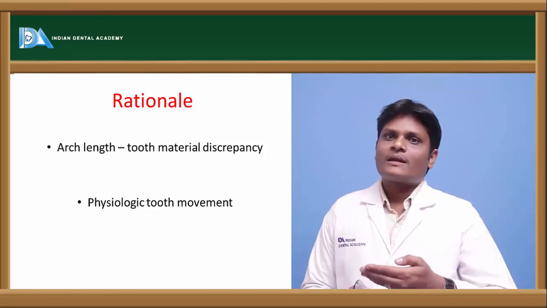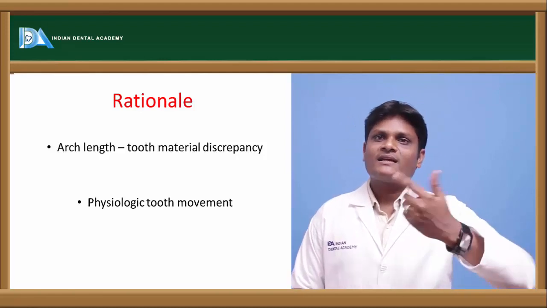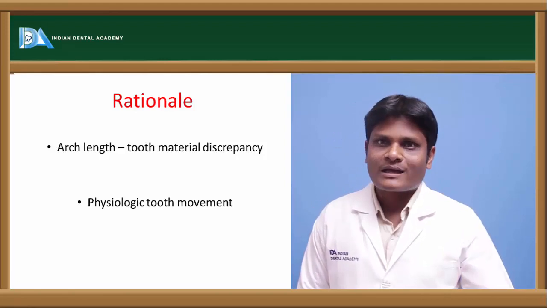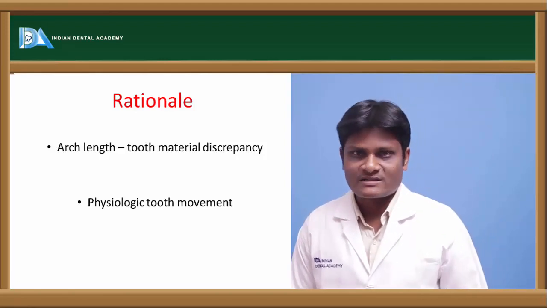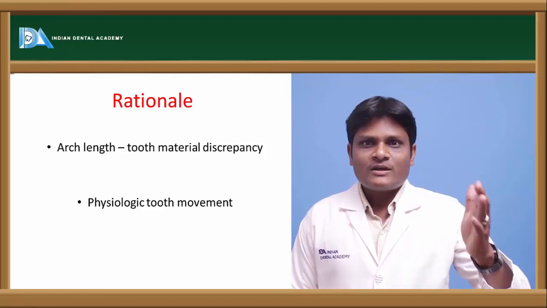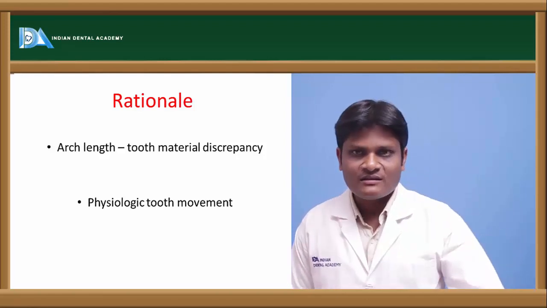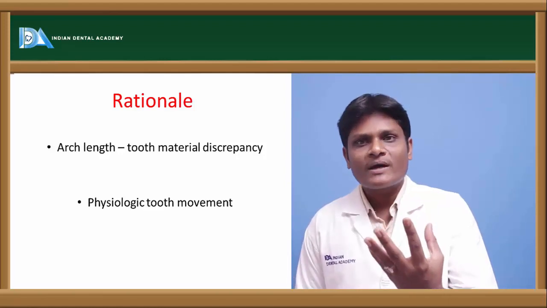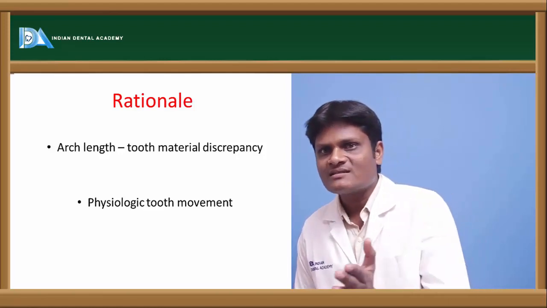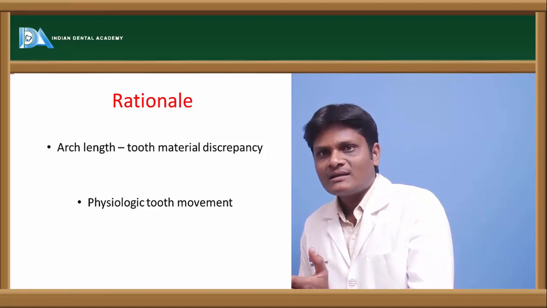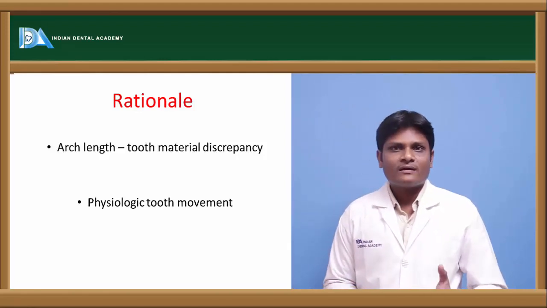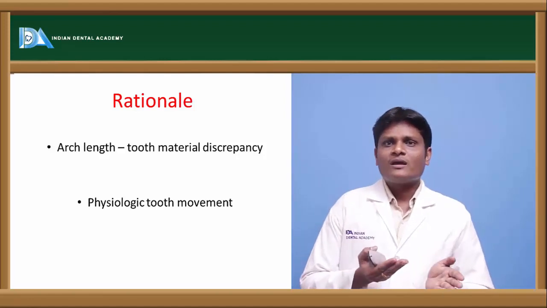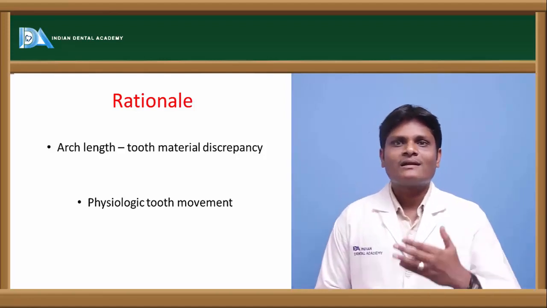The same concept can be applied here. When we extract a deciduous tooth or a permanent tooth like a first premolar, as in the process of serial extraction, the adjacent teeth and the succedaneous teeth will start moving in order to meet their counterparts in the opposite arch or their neighbors in the same arch, thereby reducing the amount of crowding and taking the teeth into a more optimum position in the dental arches.